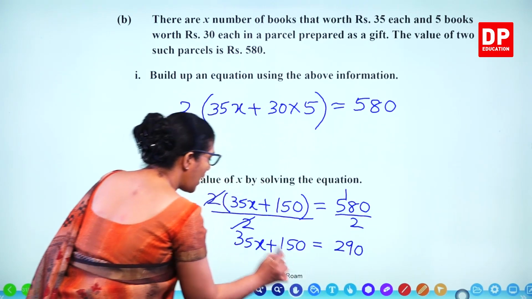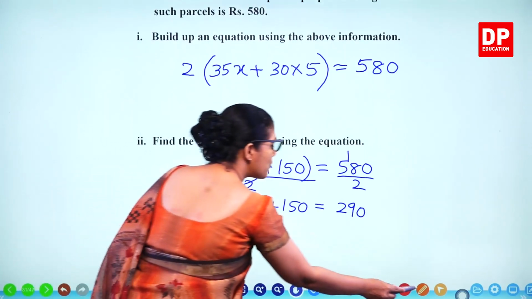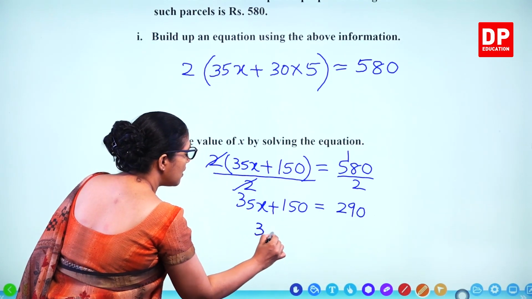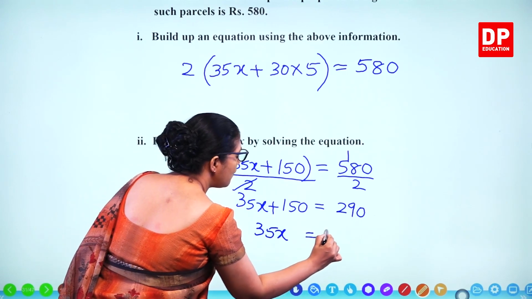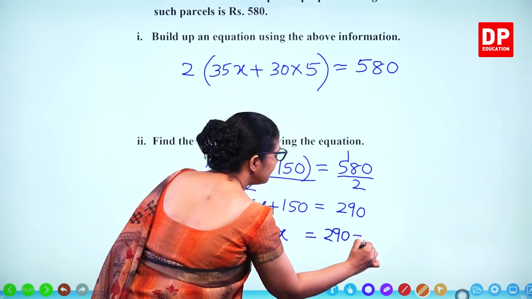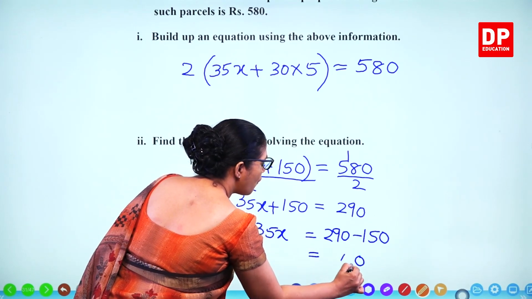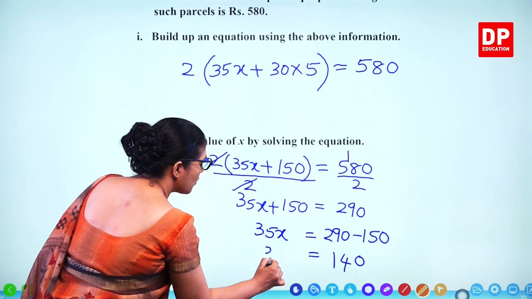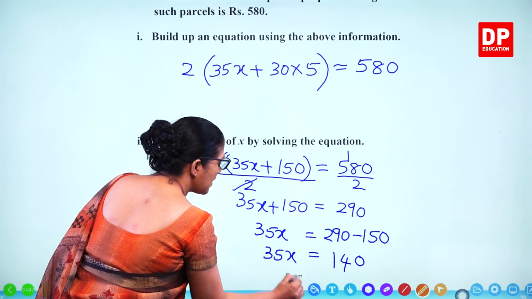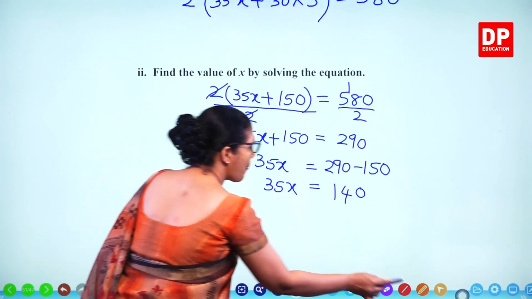So that's 290. Now subtract 150. So 35x is 140.